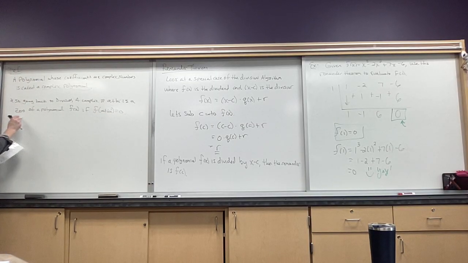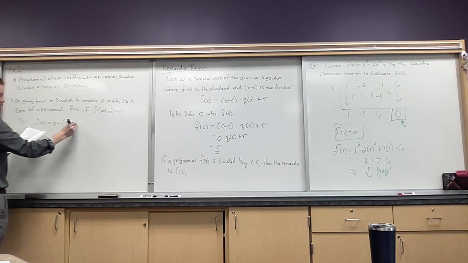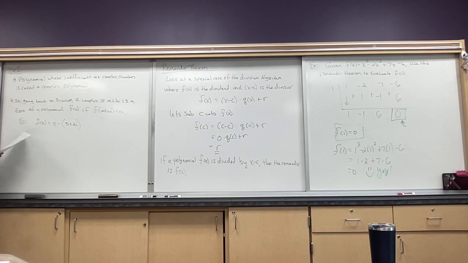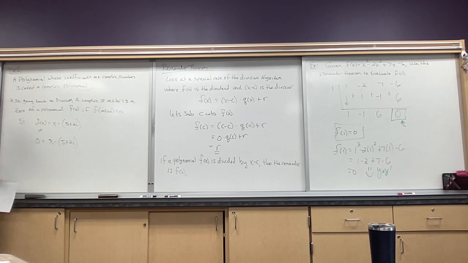Okay, so for example, f of x equals x minus the complex number 5 plus 2i. Okay, so if I were to solve that, set this equal to 0, which, why not? I'll do that. So if I make that 0, I get x minus 5 plus 2i.